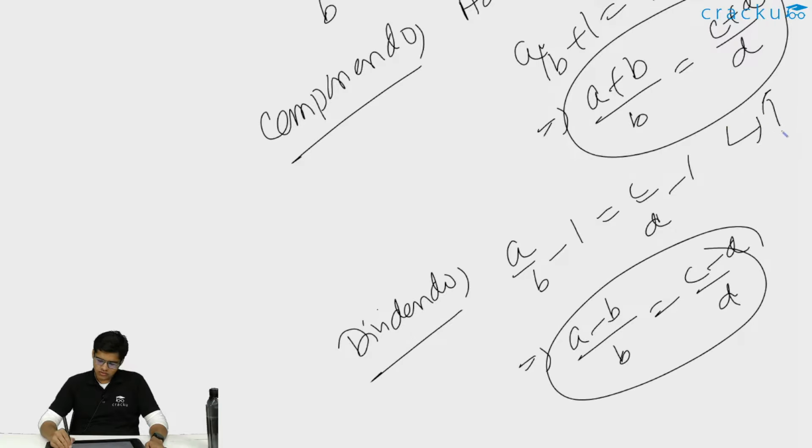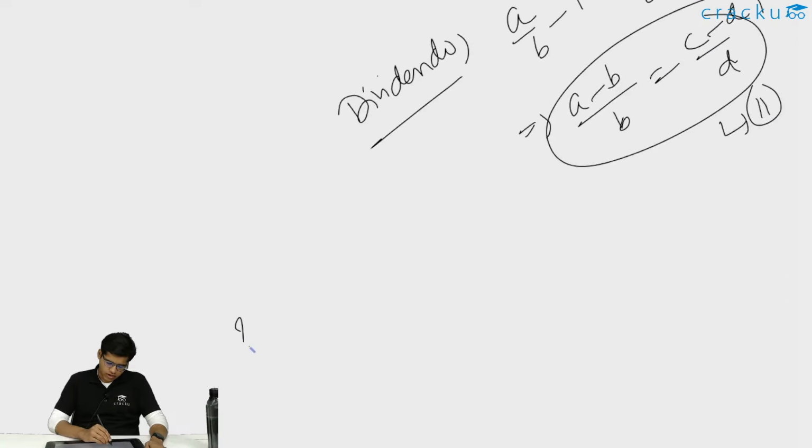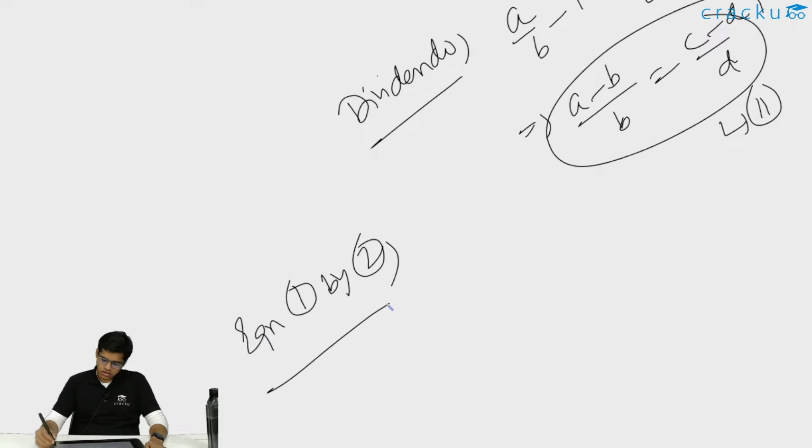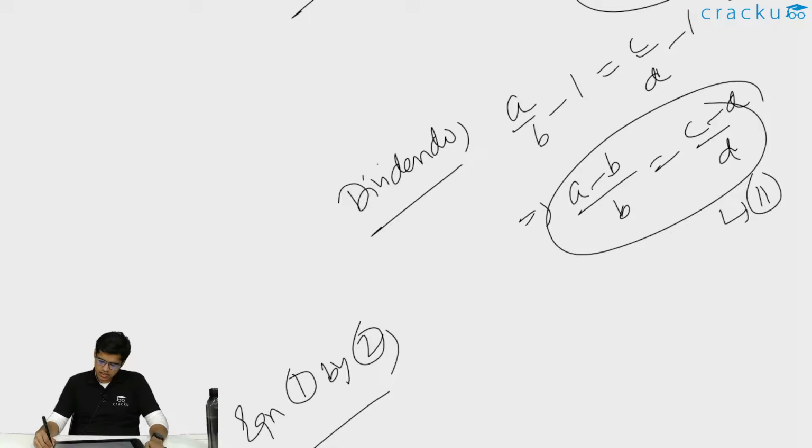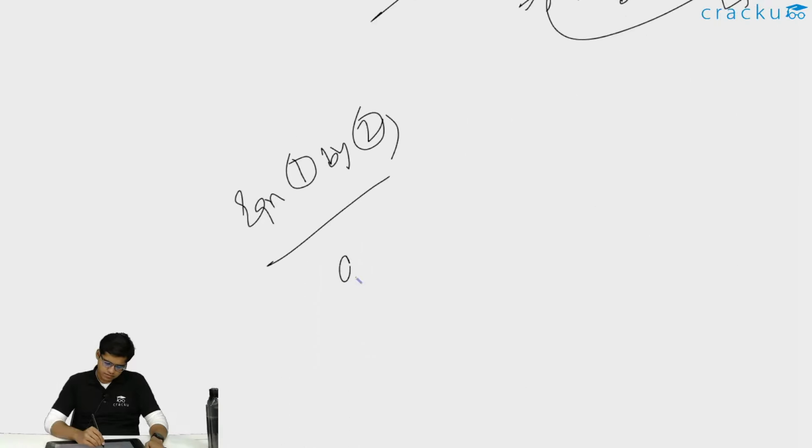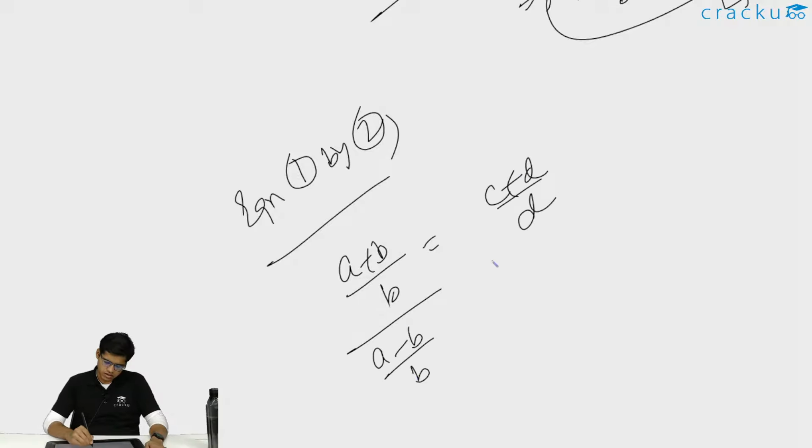So let's say this is equation 1, this is equation 2. If we divide equation 1 by 2, then a plus b by b divided by a minus b by b equals c plus d by d divided by c minus d by d.